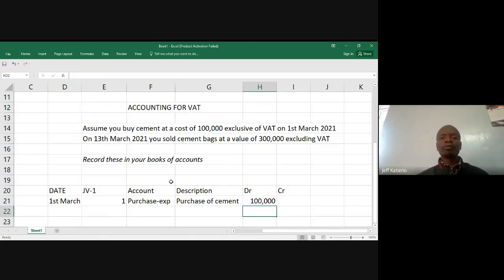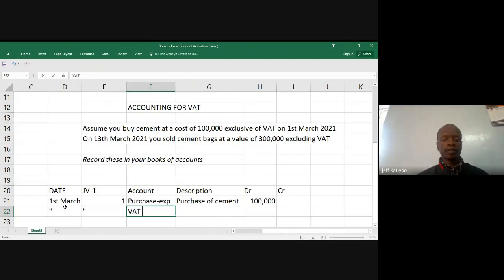But you will pay VAT on this. So when you are purchasing this cement, you will not pay 100,000. The supplier will give you the VAT element. So you will still have this here, but this is the VAT account.